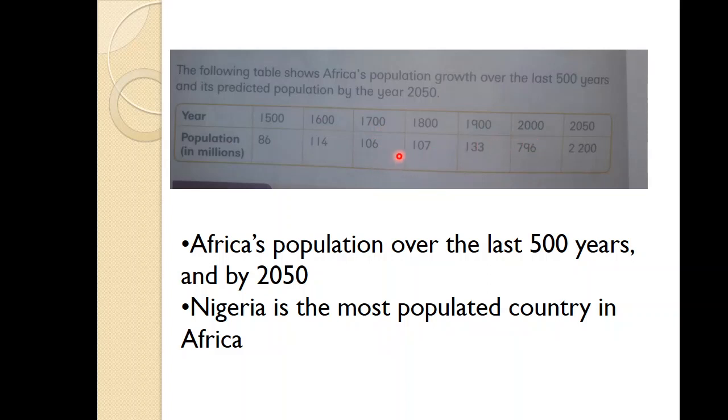In 1700 it was 106 million, and in 1800 it increased, and in 1900 it was 133 million. So in 2000, it has increased rapidly from 133 to 796 million, and it's expected to be 2.2 billion.